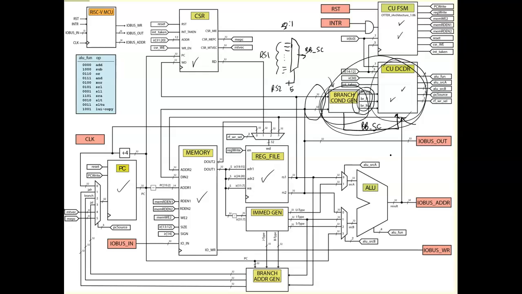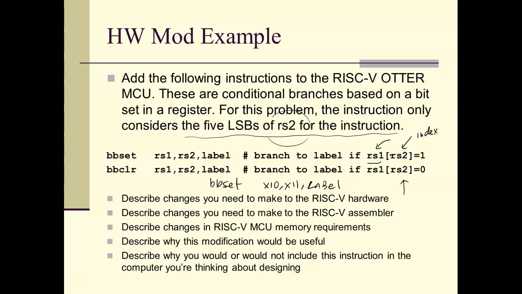So the last question here is when would you consider putting this in your computer or not? Essentially, if you had to do a lot of control, or jumping around based on a single bit. If you weren't doing that type of jumping based on a single bit in a register, if you just did it occasionally, this instruction may not help much.